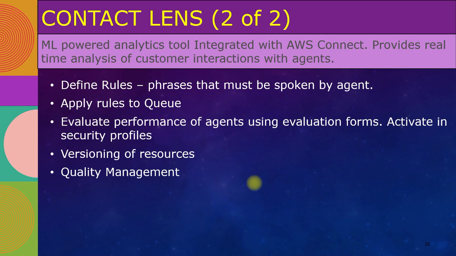So the rules defined with how the agent interacts with the customer can be defined, can be evaluated, etc. You could apply the rules to a queue and evaluate the performance of the agents using evaluation forms active in security profiles.